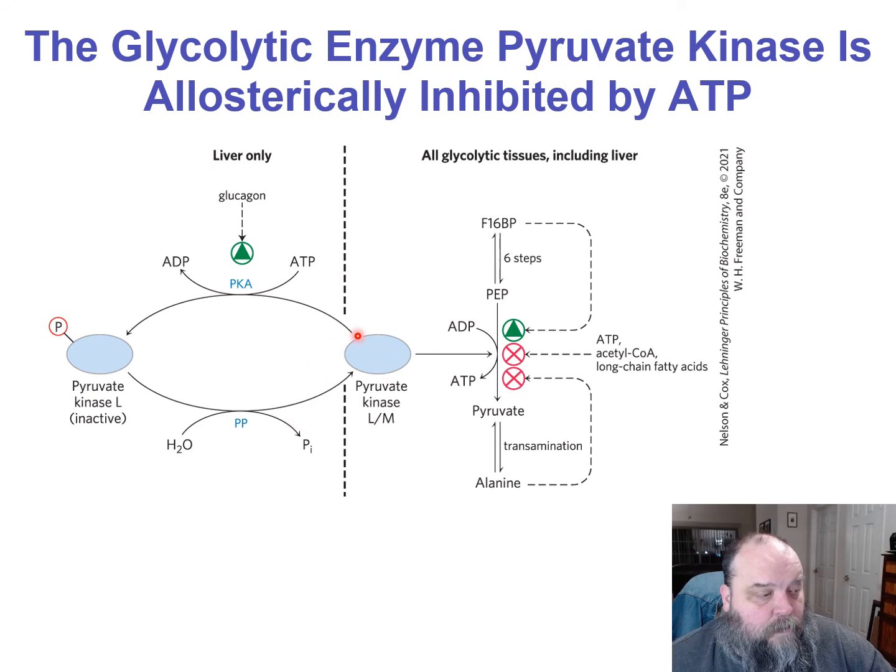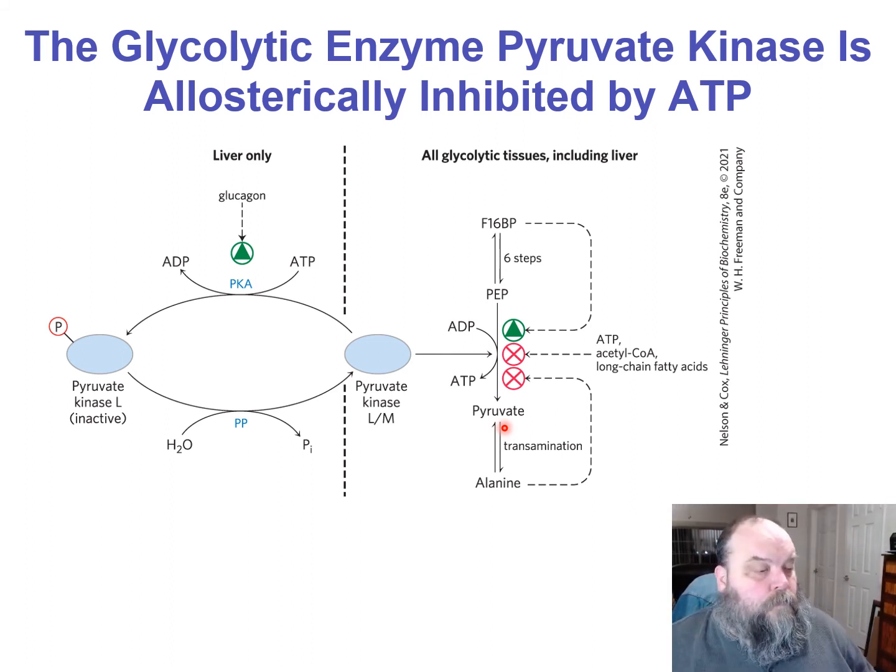You now have an active form, which will then go through and help to remove the phosphate from PEP and turn it into pyruvate. Pyruvate, through some different steps, can become alanine. Alanine can be transaminated, remove the amino group, turn it back into pyruvate, and all sorts of fun stuff can happen.